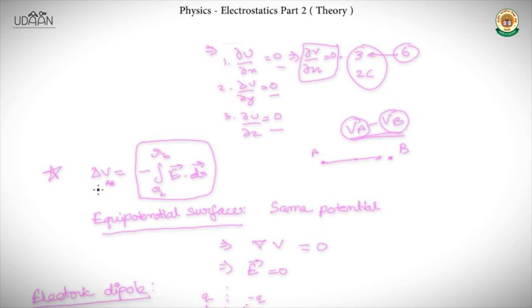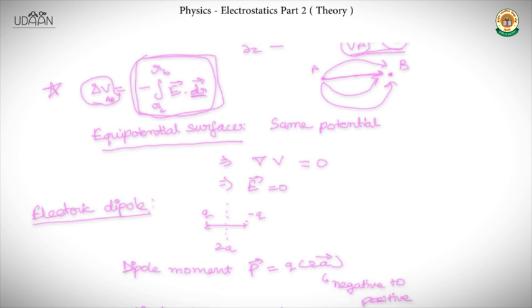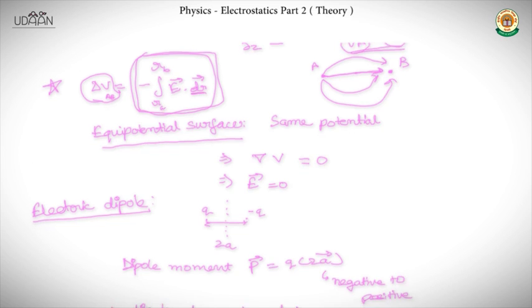So if this is defined for 2 points, this quantity cannot vary because of dr. So if I travel along this path or this path or this path, for all paths the integral of E dot dr should be the same. This is the case for conservative forces, so you can relate to that.